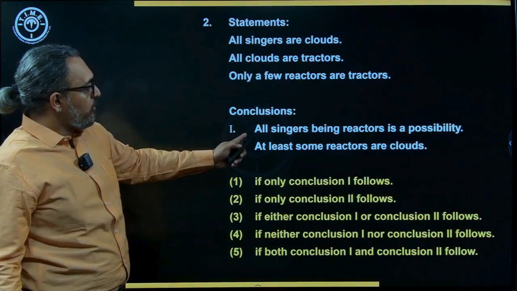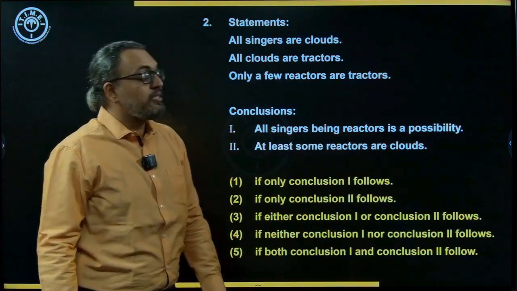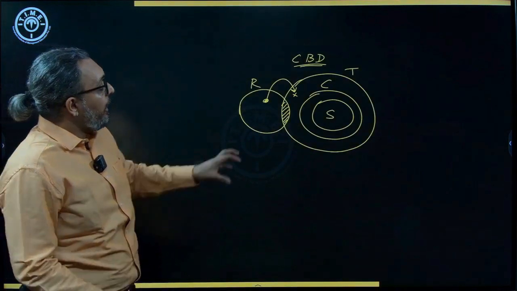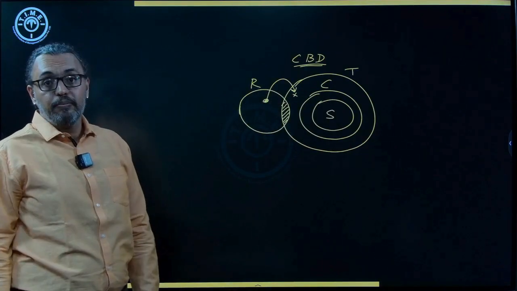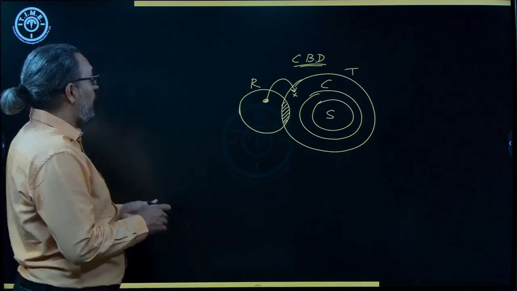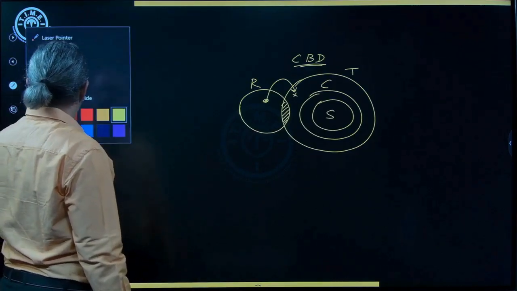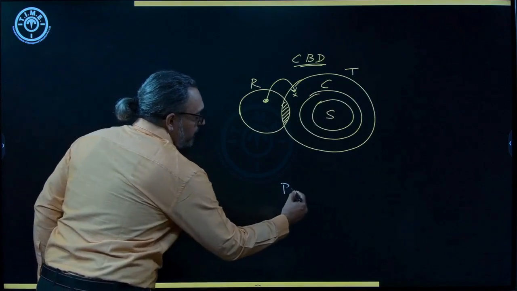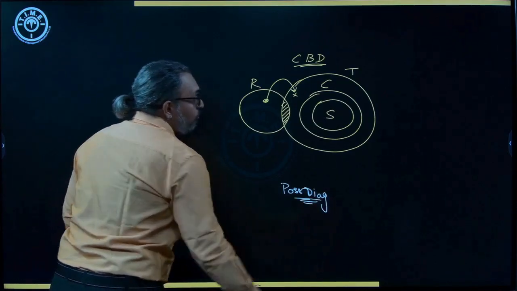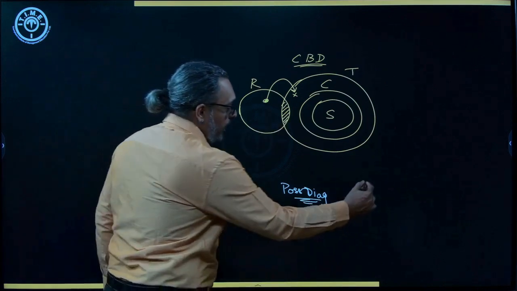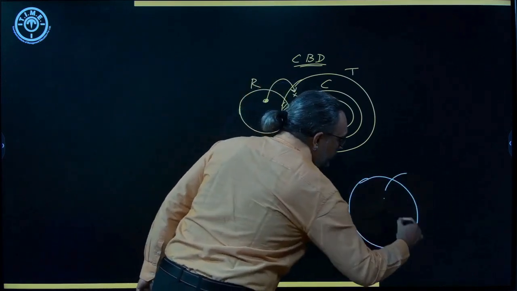Now, conclusions. All singers being reactors is a possibility. Can I take all the singers inside reactors? Yes, you can. Because see, now again, I'll show you how that works. Now the possibility diagram I'm drawing. I want all the singers inside reactors. So for that, this is how your diagram will look.